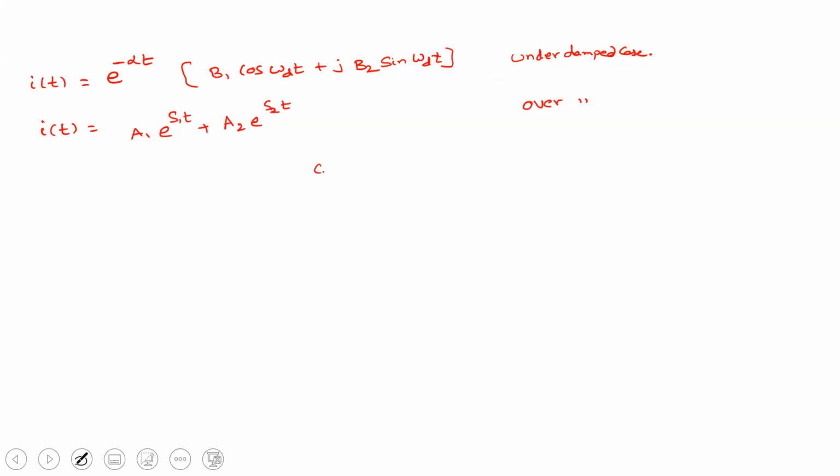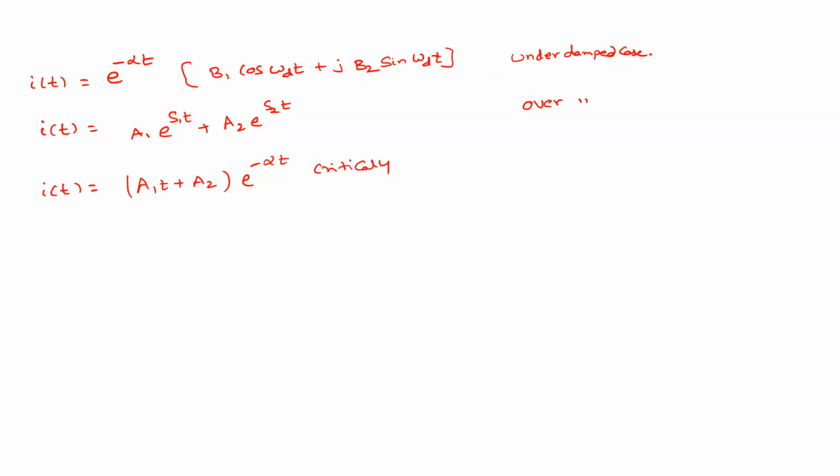In the critically damped case, what is the solution? It is (A1 t plus A2) whole into e to the power of minus alpha t. Correct?